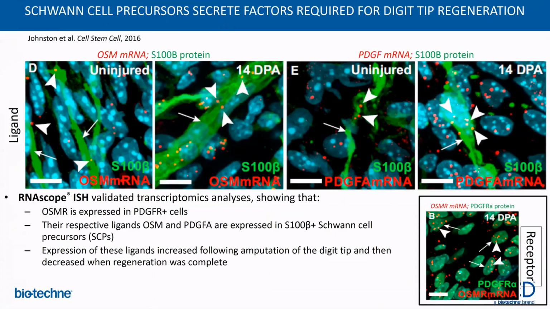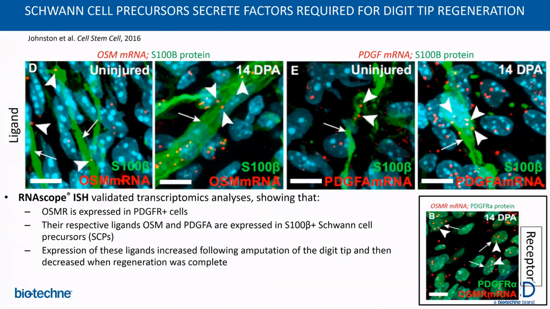In another study published by Johnson et al. in 2016, the authors focused on Schwann cell precursors and the factors that were secreted from the cells and required for digit tip regeneration. Using ISH IHC, the authors were able to show that OSMR mRNA is expressed in PDGFR positive cells, shown on the bottom right.